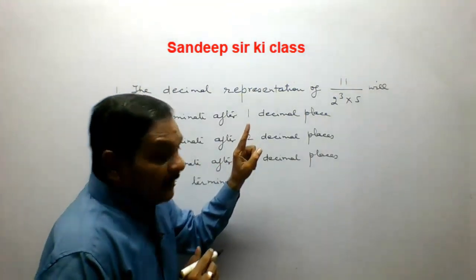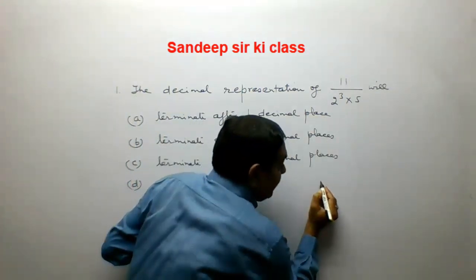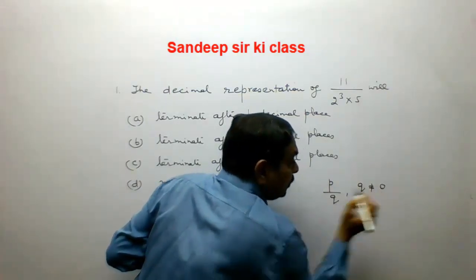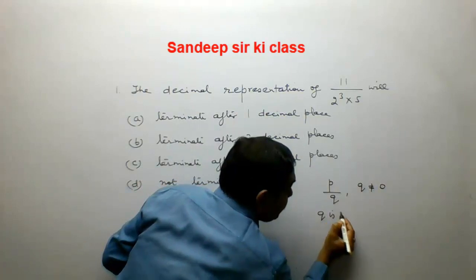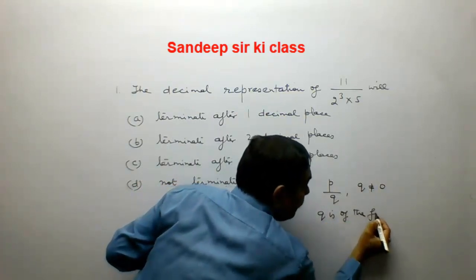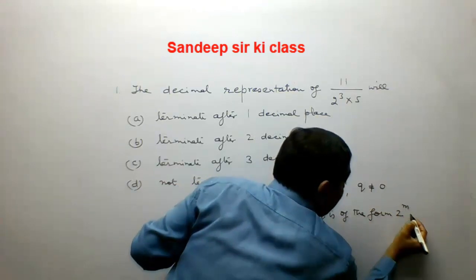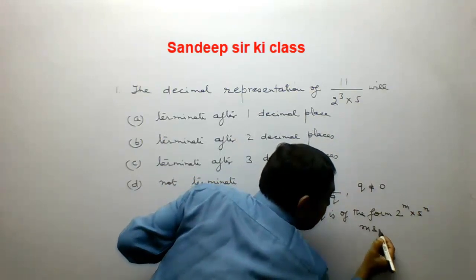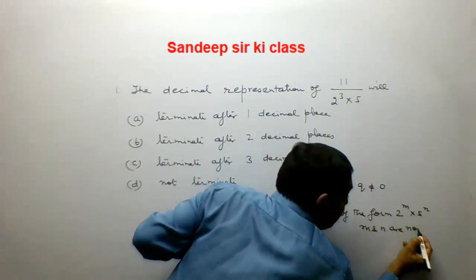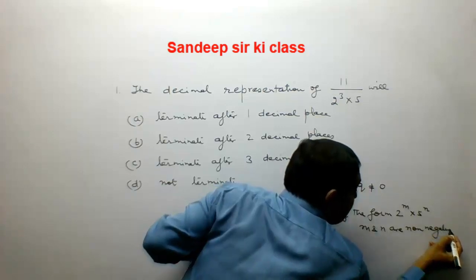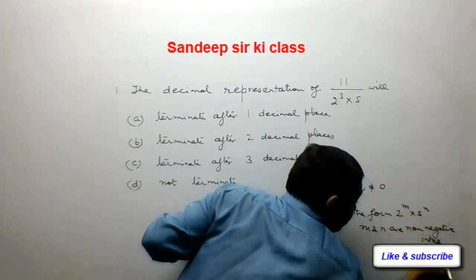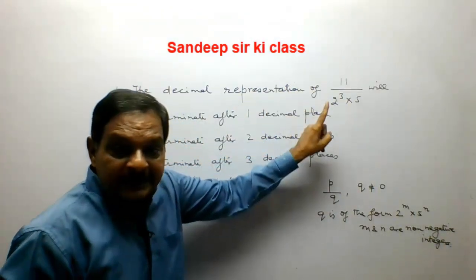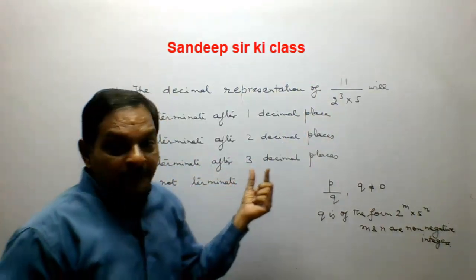See, we know that if any rational number is of the form p upon q, where q is not equal to 0 and q is of the form 2 raised to the power m into 5 raised to the power n, where m and n are non-negative integers, then the decimal representation of that rational number will terminate.